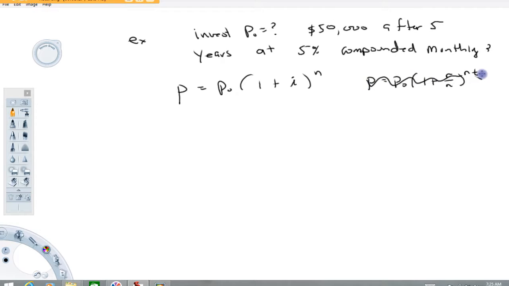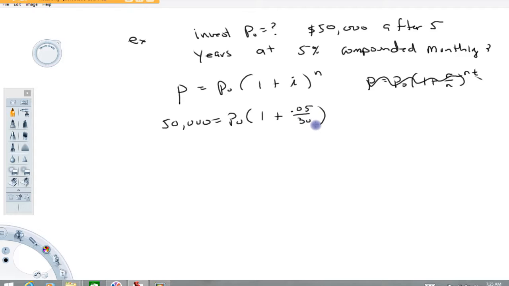All right, so in our example here, the P sub O is the unknown. We want to have a value of 50,000 after some time frame. So what I'm going to do is write the rest of this equation out here. Let's see, 1 plus, okay, I. If the interest rate is 5% and it is compounded monthly, then the monthly rate would be 0.05 over 12.